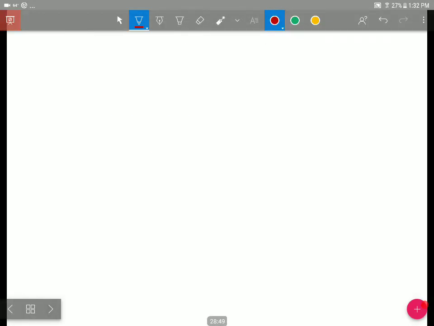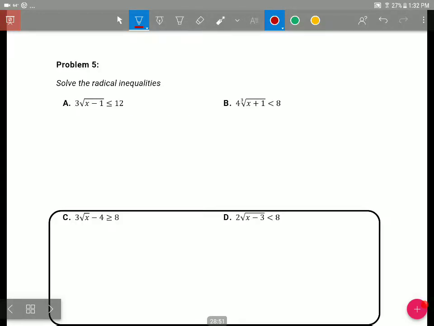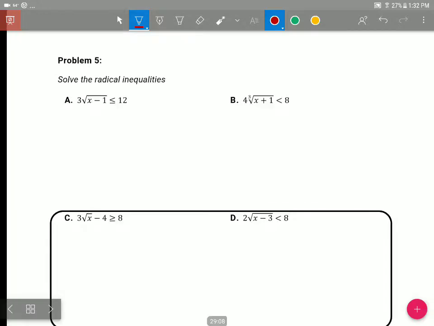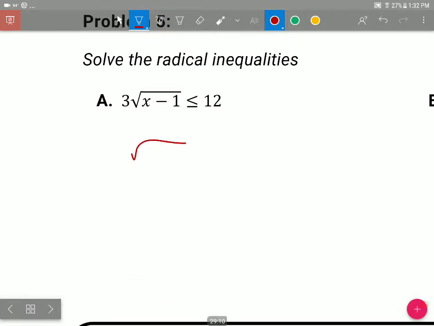Last one. We're going to do one more and we'll be done with it. Oh yay, inequalities. This is my happy voice. These are identical to the rest of the page. The only difference is there's an inequality in there. So letter A, what do you think you're going to do first? Divide by 3. So you get the square root of x minus 1 is less than or equal to what? 4.